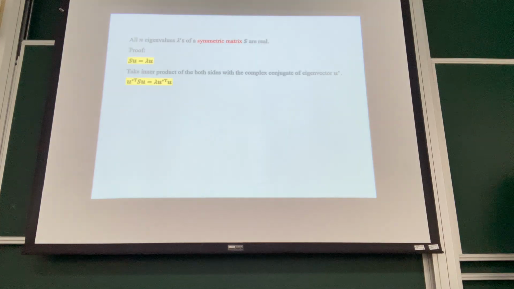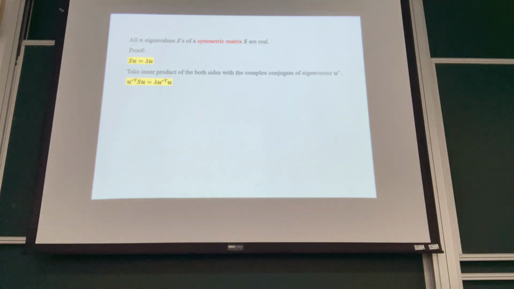When there is a number, A plus iB, if you take the complex conjugate, you change the sign of the i into a minus sign.